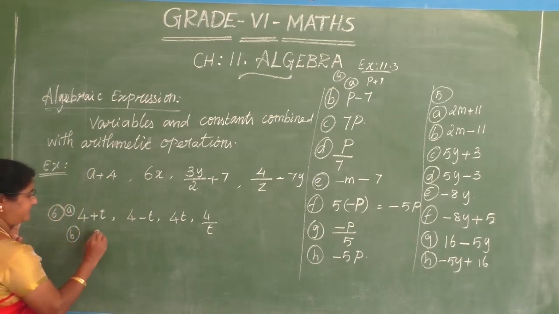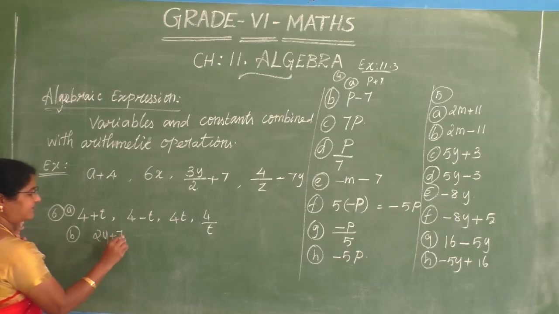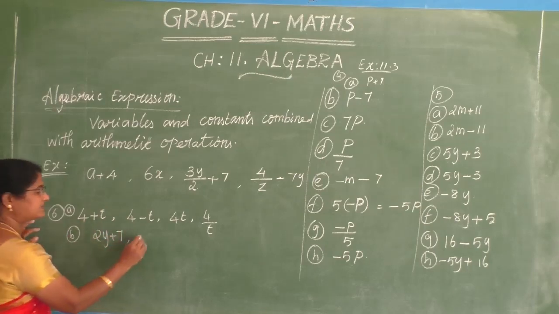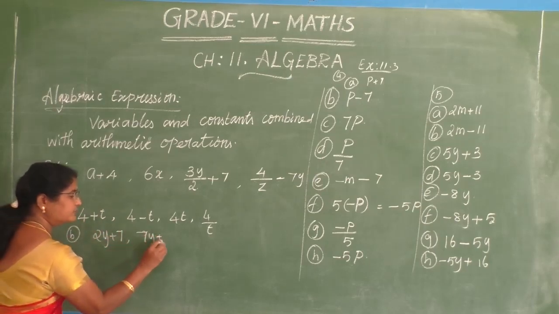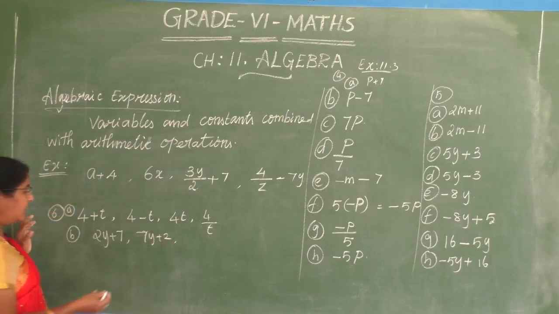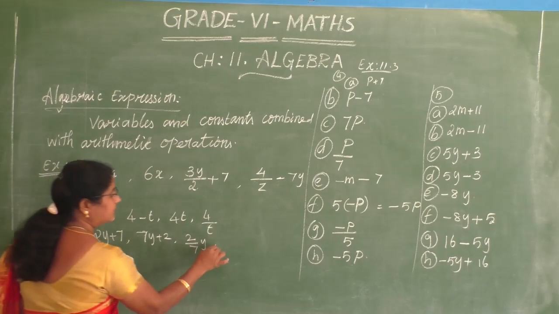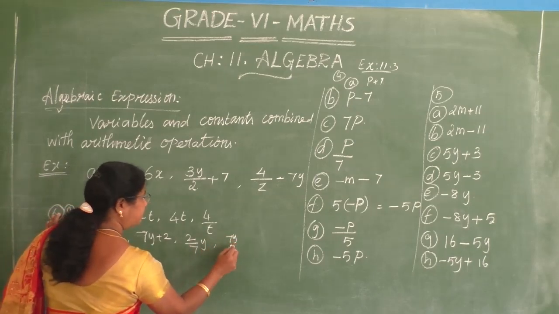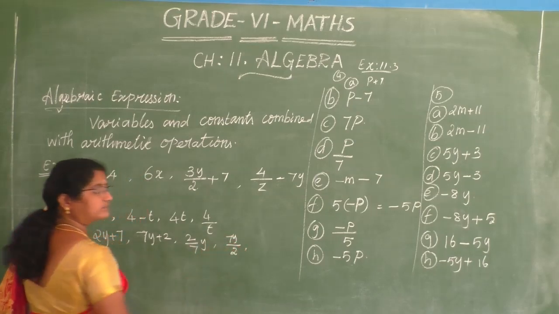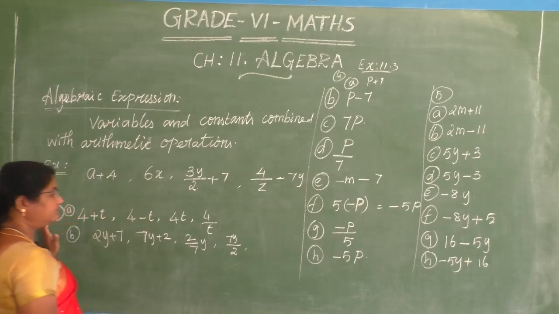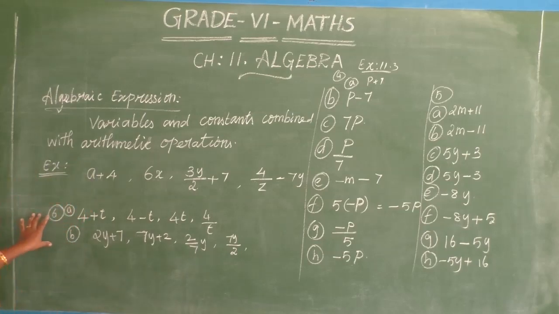So we can use 2y plus 7. Okay, next 7y plus 2. Likewise 2 by 7y or 7y by 2, or any other, 2 by 7y.